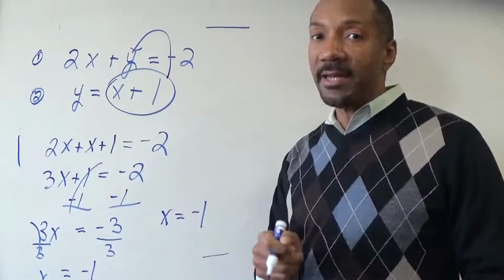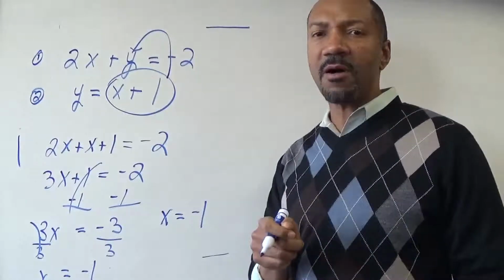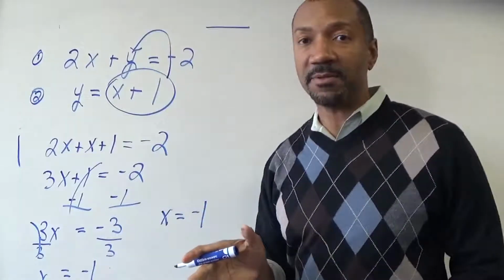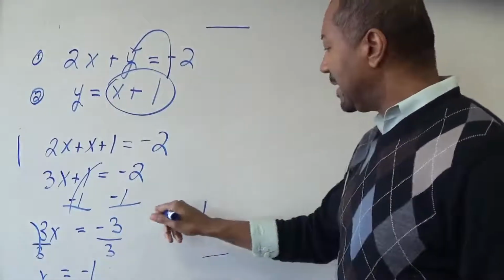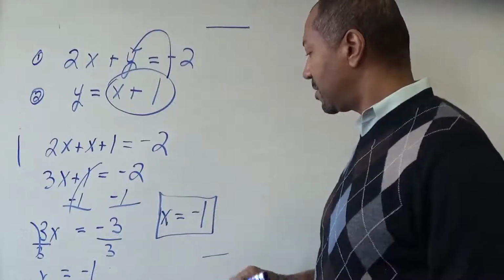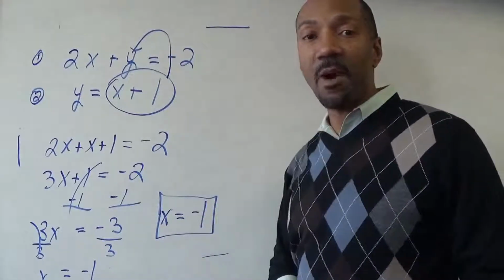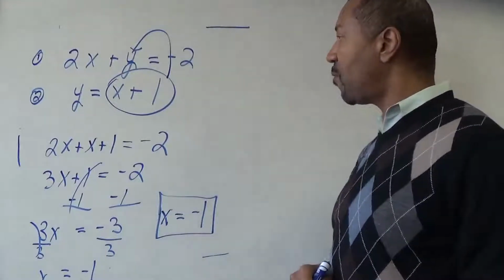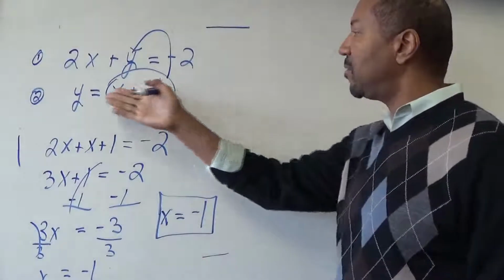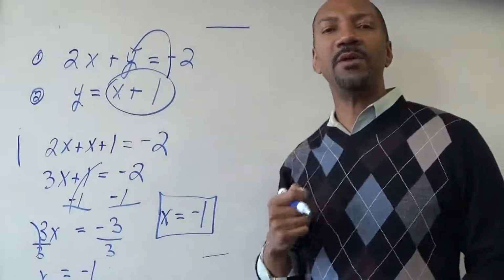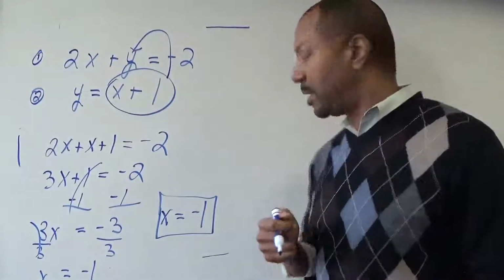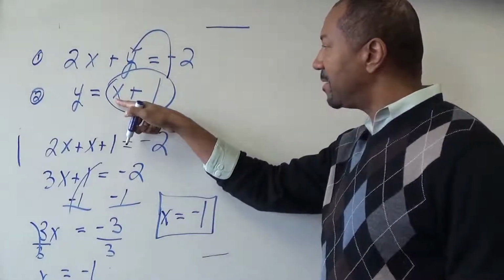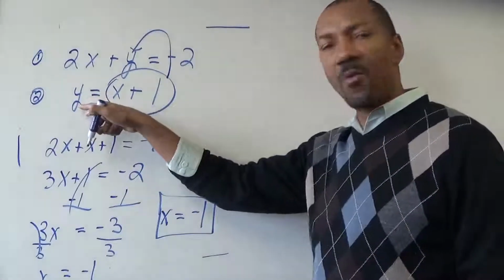But we are not done, because in order to solve a system, you have to solve for all the variables. But at least now we know that x is -1, and we're going to use that to help us solve for y. And look at that second equation here. If we want to know what y is equal to, we can take our x value, plug it in here, and that will tell us what y is equal to.